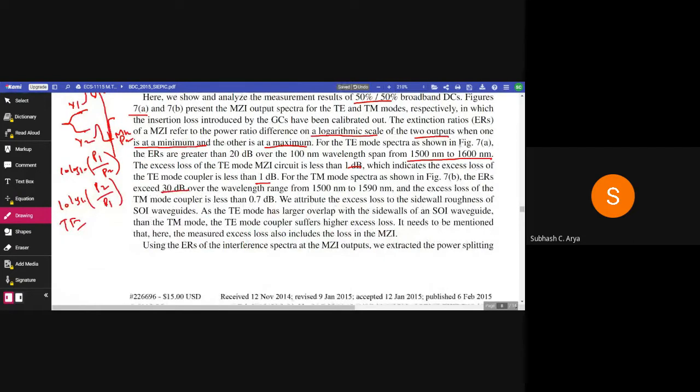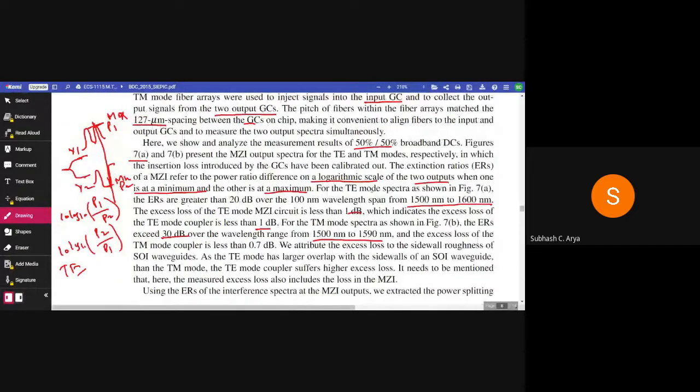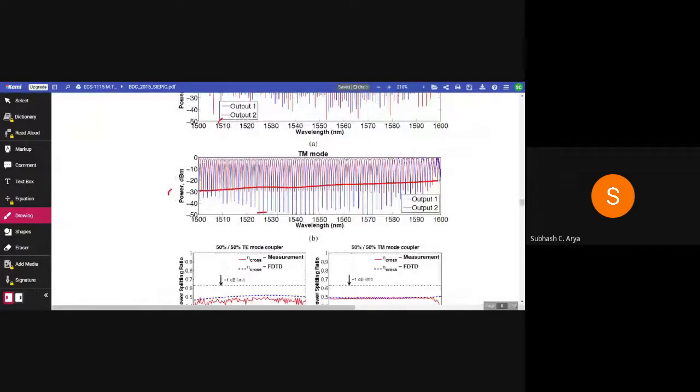For TE mode spectra, this ER is greater than 20 dB over the 100 nanometer wavelength range. From this, the excess loss of TE mode is 1 dB. And then 30 dB over 90 nanometers.